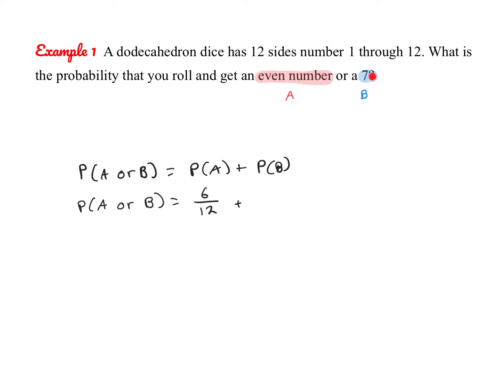And then the probability of rolling a 7, well, there's one possible 7, so there's one favorable outcome there, but 12 possible outcomes. So if you add those up, we get 7 over 12.